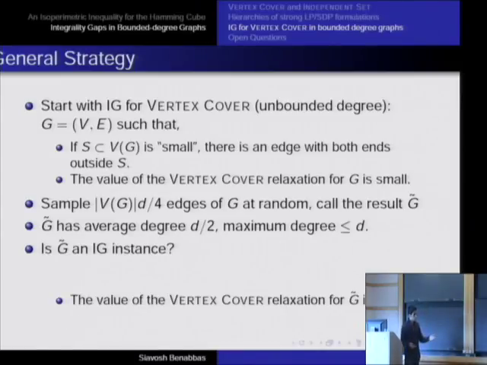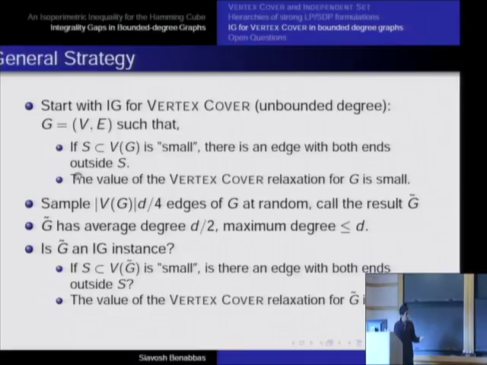The question is, how do you show that the graph does not have small vertex covers, or alternatively big independent sets? So if you have a small set S, how do you show that there is an edge outside of it? Now, this actually is equivalent to a density version of this statement.